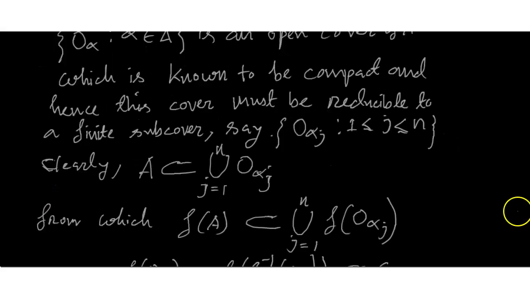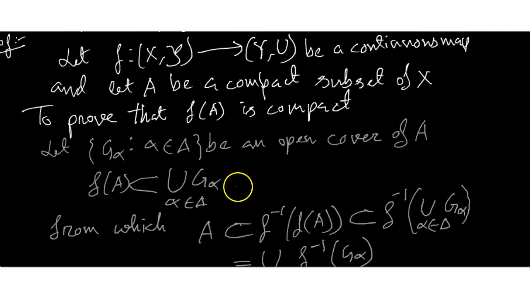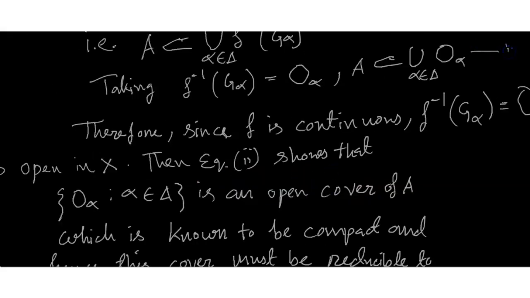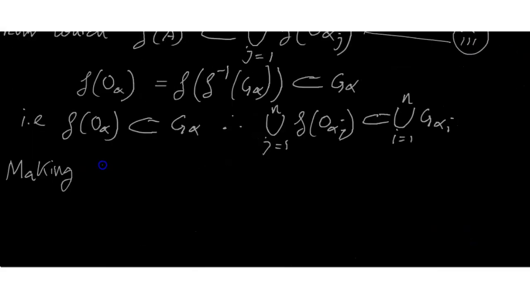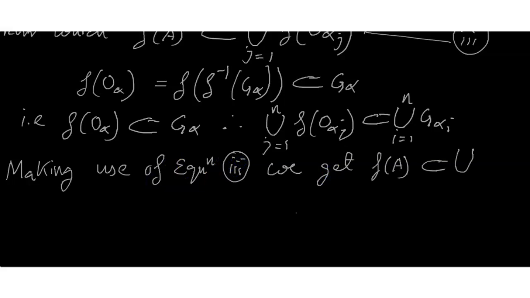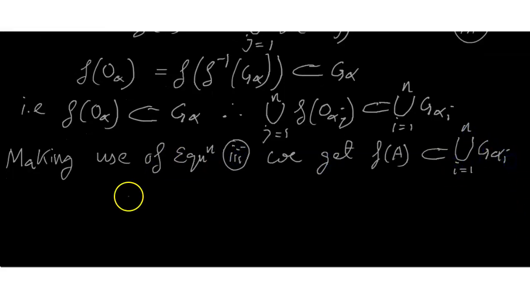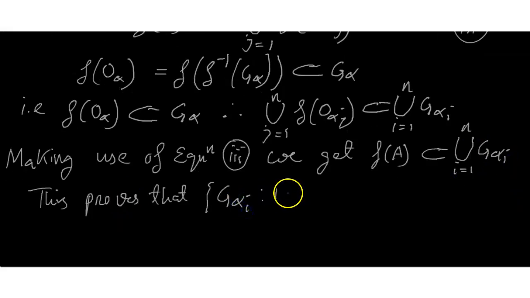Friends, I just give a numbering: this portion is equation number 1, this portion is 2, this portion is 3. Making use of equation number 3, we get f(A) is a subset of the union over i equals 1 to n of G_alpha_i. This proves that {G_alpha_i : 1 less than or equal to i less than or equal to n} is an open cover of f(A).